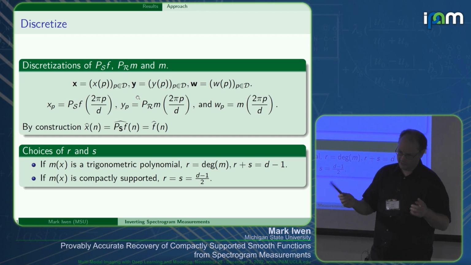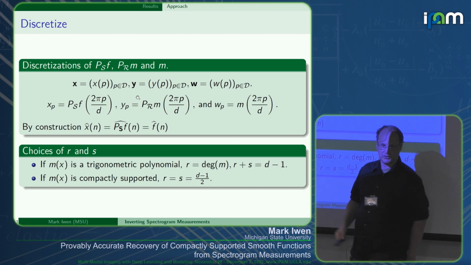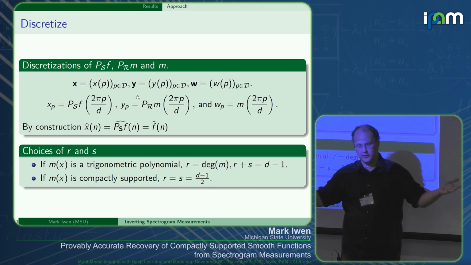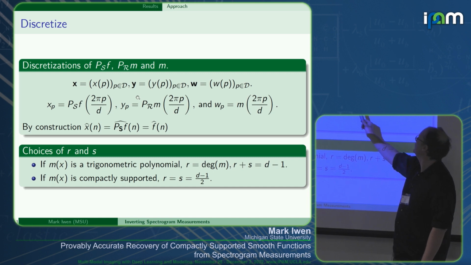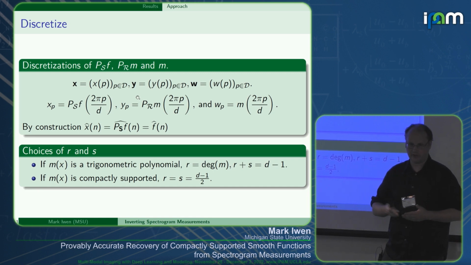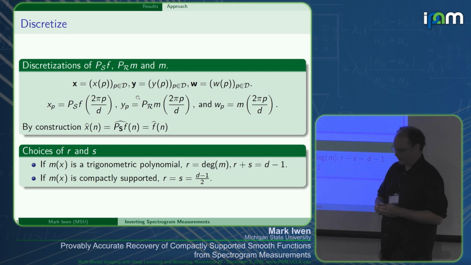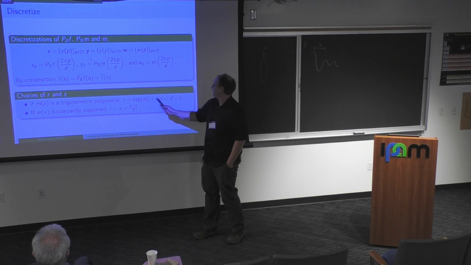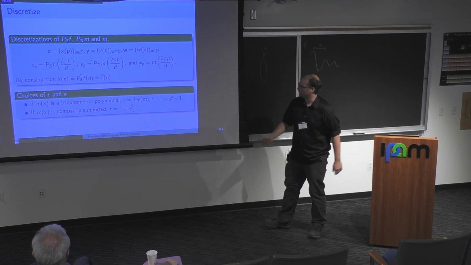If it is itself a trigonometric polynomial, this will be completely accurate. If, however, it's really concentrated in space, it's not going to be concentrated in the Fourier domain. So in that case, you might instead just use W and take equally spaced samples of the object directly in space. So we also consider this setup. Then you choose the degrees in a certain way so that your total number of measurements is going to be like D. Those are the technical details.